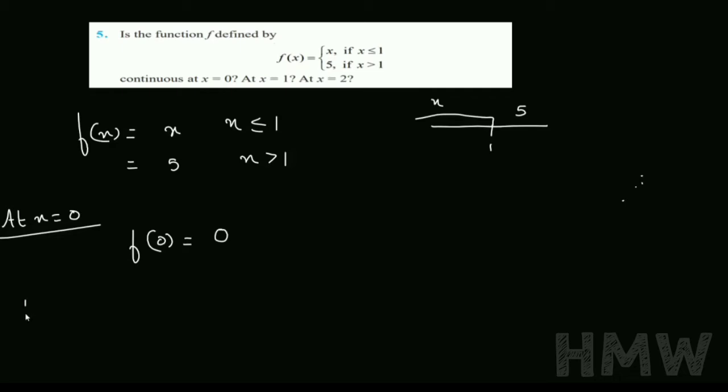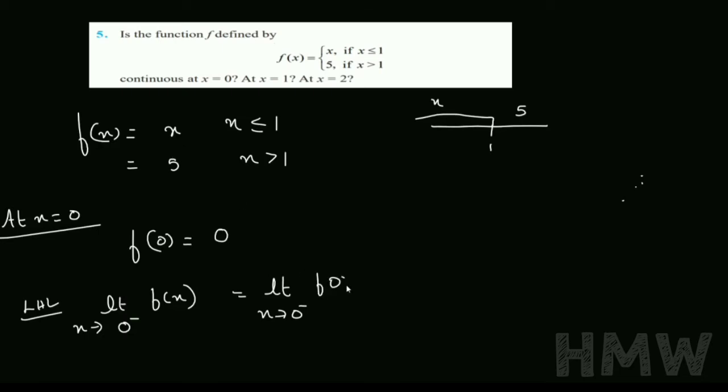Now we have to find the left hand limit. That is limit x tends to 0 minus, left of 0. Left of 0 means left of 1, isn't it? So left of 1, the function is identity.